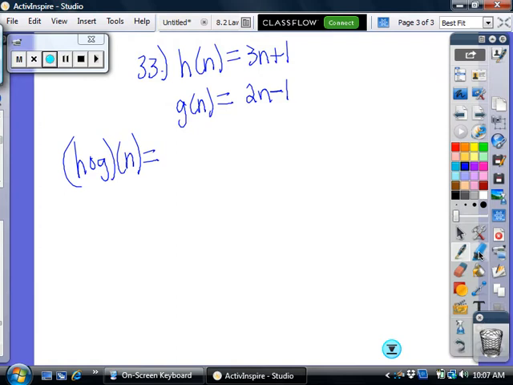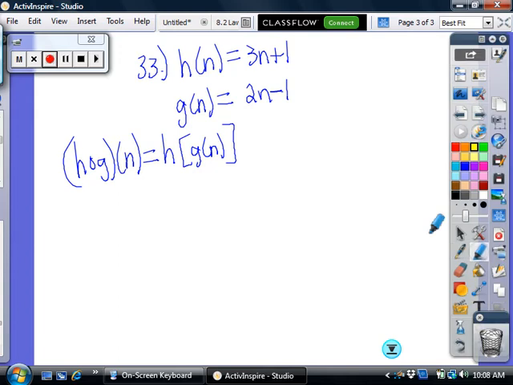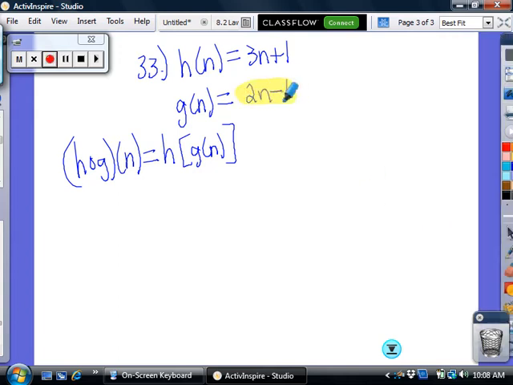So let's determine what we're going to plug in where. I kind of prefer this notation. This really means that I'm going to take g and plug it into h.